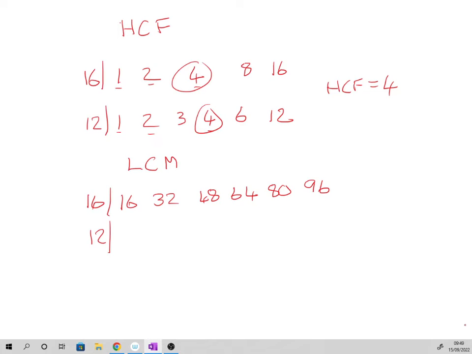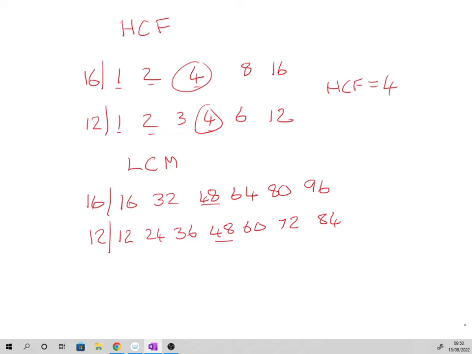That might be far enough. We do the 12 times table: 12, 24, 36, 48, 60, 72, 84. And we're looking for a common multiple, something that appears in both, which is 48.